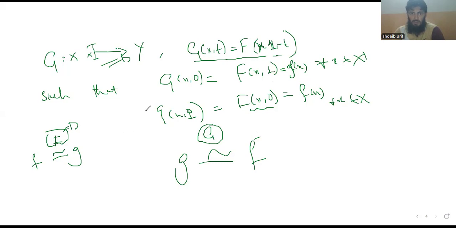If we substitute t equal to 0, we get g of x, and at t equal to 1, we get f of x. This means G is a homotopy from g to f, so the symmetric condition also holds.